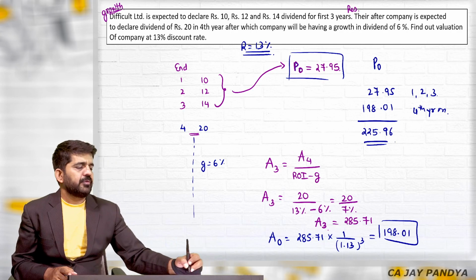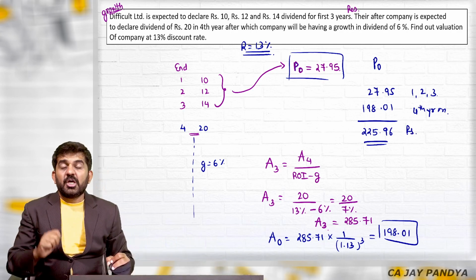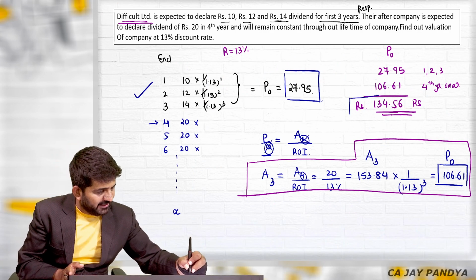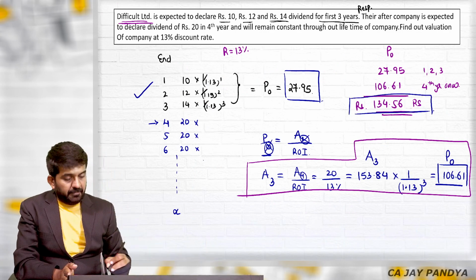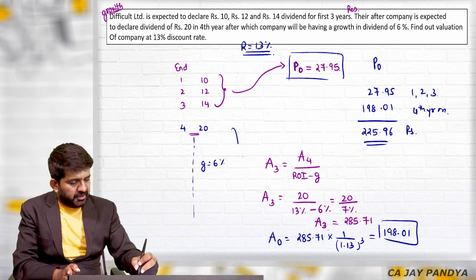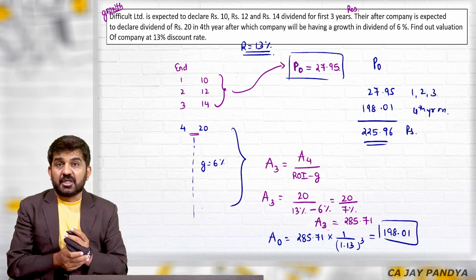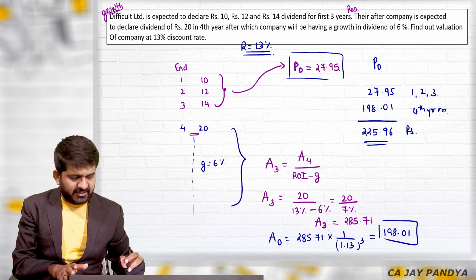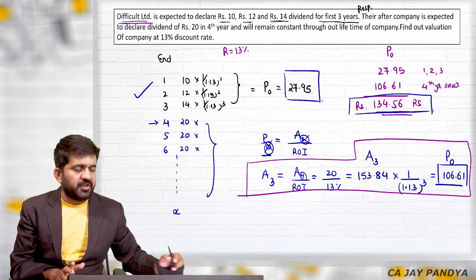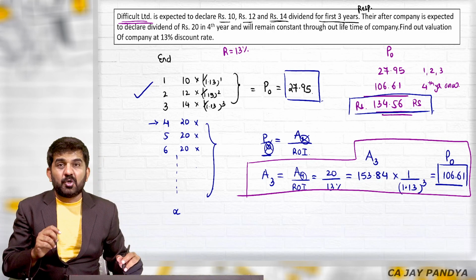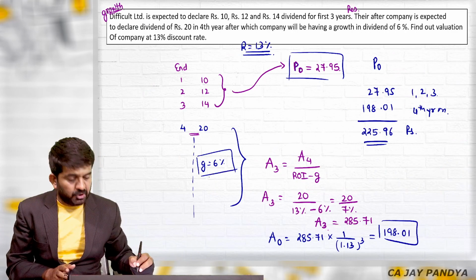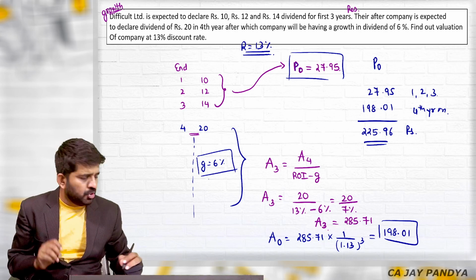If you are concentrating, the valuation should be higher than this, because here there was no growth. Here there is a growth rate of 6%, and see how the valuation has increased. It has become 225.96 from the valuation of 134.56, because after the 4th year there is a growth rate of 6%. The only difference is this between these two questions.